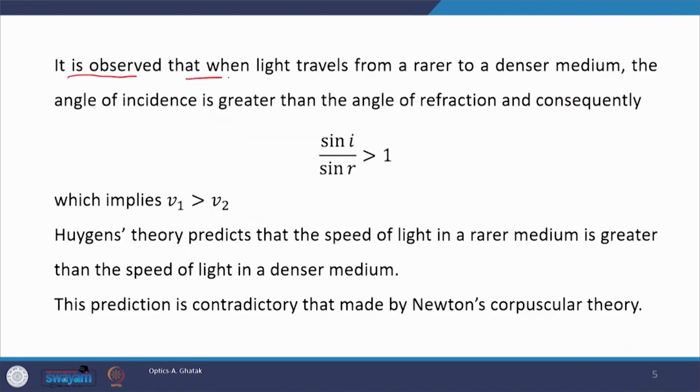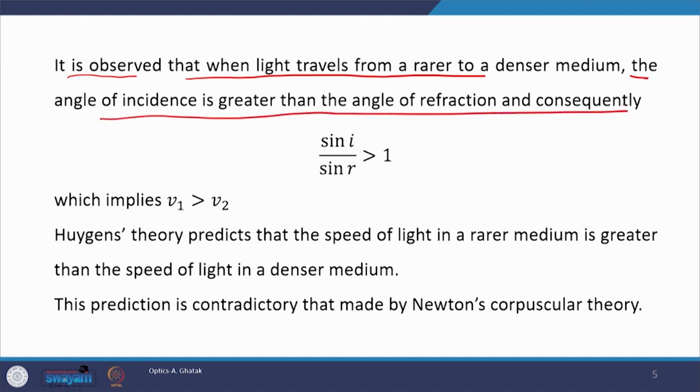This is true for the case when light is traveling from a rarer medium to a denser medium. The opposite would be true for the case when light travels from denser to rarer medium. If the angle of incidence is larger than the angle of refraction, then sin i would be larger than sin r, which implies that v1 is larger than v2.